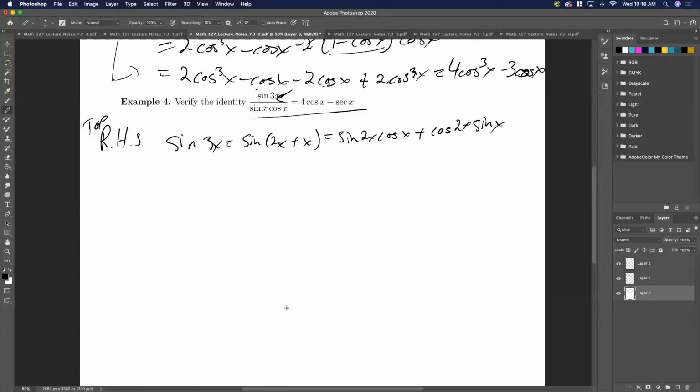Here, we crunch through what that is. Sine of 2x is 2 cosine x sine x, or I guess I wrote it the other way, sine x cosine x. I know it's technically okay, but let's keep it as simple as possible for you guys.